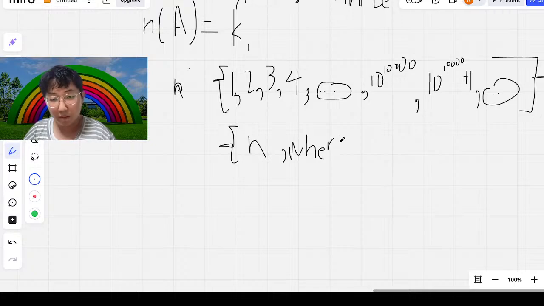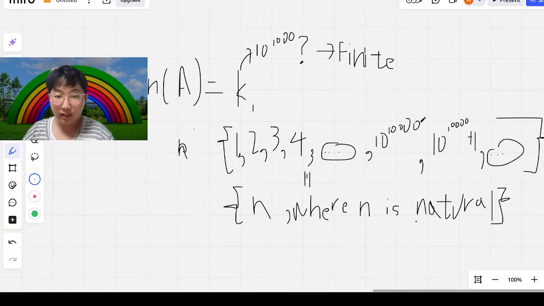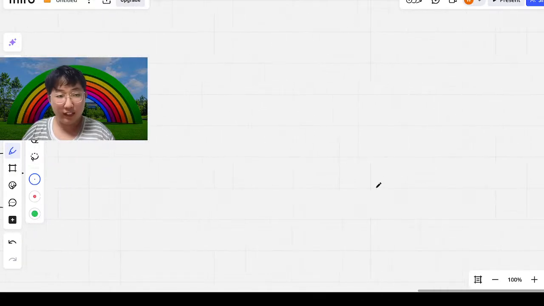I'm just going to say n is natural, but understand that n is a natural number. These two are equivalent. It is just saying that it's every single n where n is a natural number, and this is just listing all the elements. So this is an example of an infinite set.